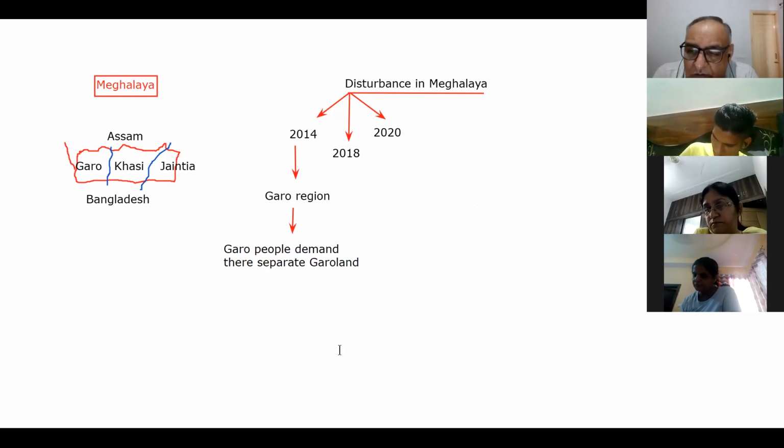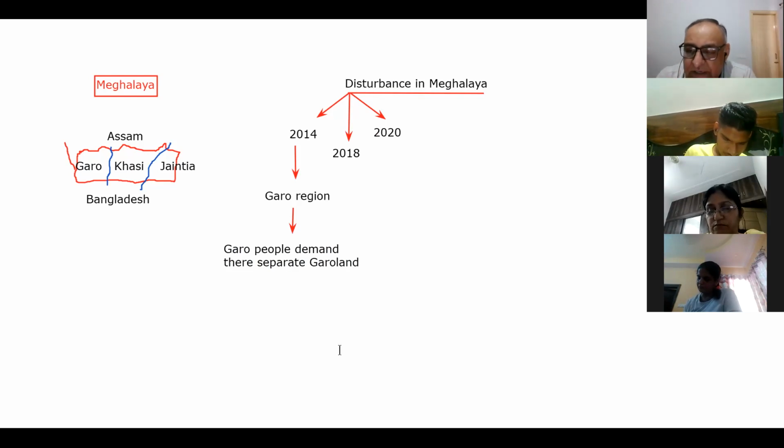And one common sentiment which is there in the northeastern states prevails in Meghalaya as well. That sentiment is that many people from outside the state enter into the state and settle here, and that creates a burden on the resources of the state and is a threat to the identity, language, and culture of the local people as well.